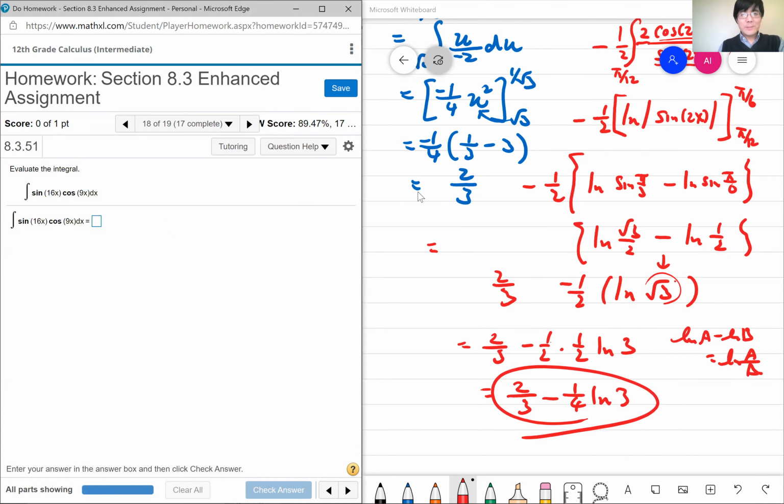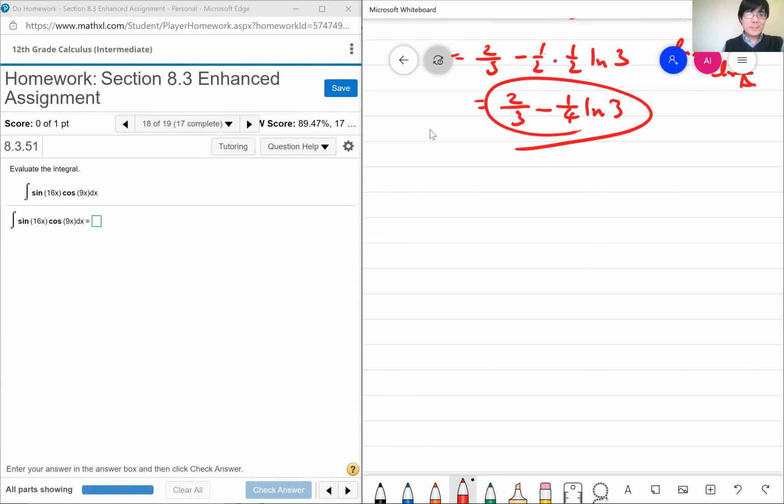Okay, 2 more problems. Now you have a sine times cosine, but the inside angle is different. When you see something like this, what you can use is a product to sum formula. In Japanese, it's a 積和公式.